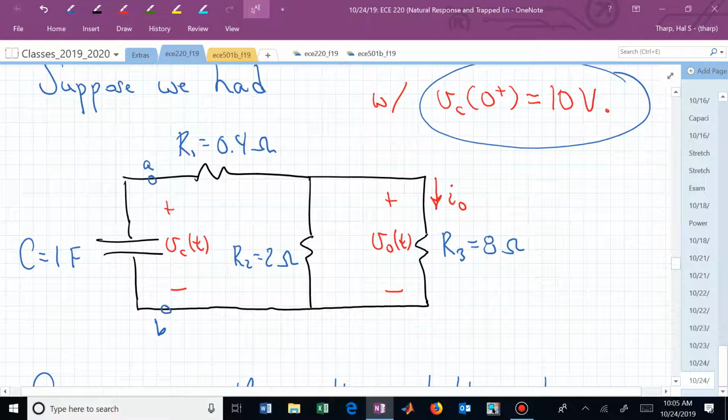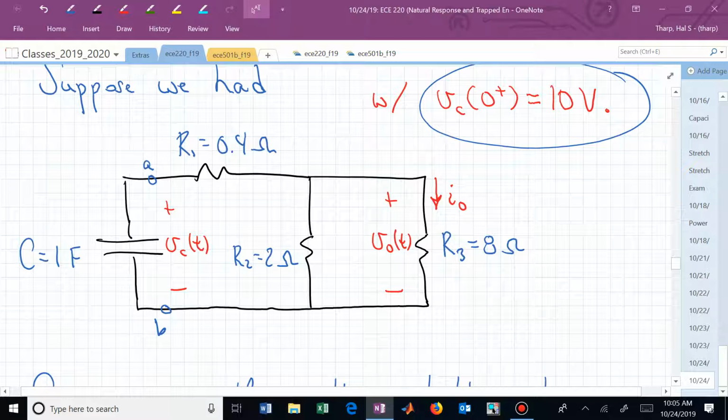What does that look like? V sub 0 is snuggled up to R sub 3, but it's exactly the same voltage across R sub 2, isn't it? That parallel combination of R2 and R3 experiences the same voltage drop, V sub 0.